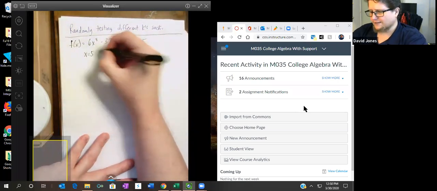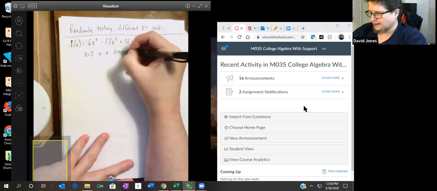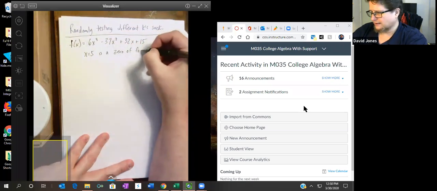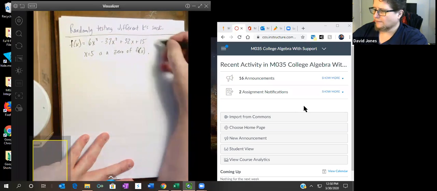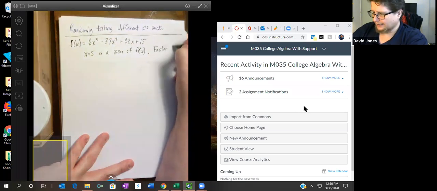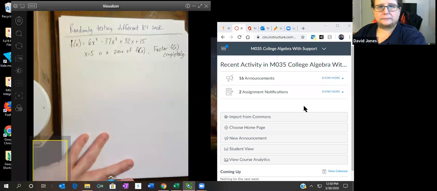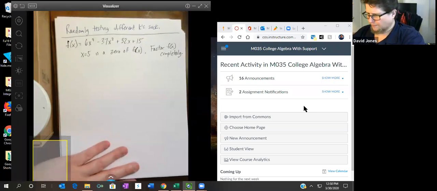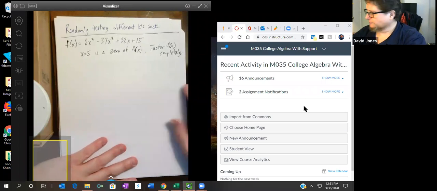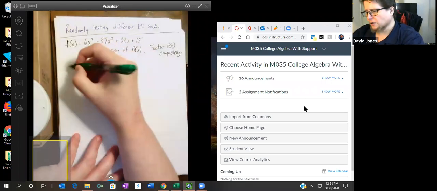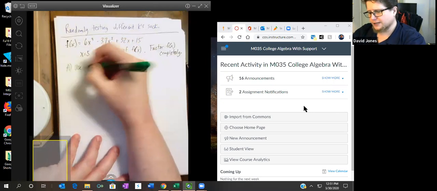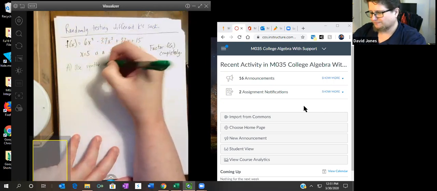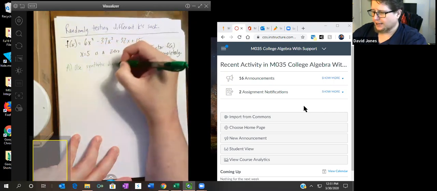x equals 5 is a zero of f of x. Factor f of x completely. That's our instructions. So what we're going to do, we'll start off, we'll use synthetic division with k equals 5.